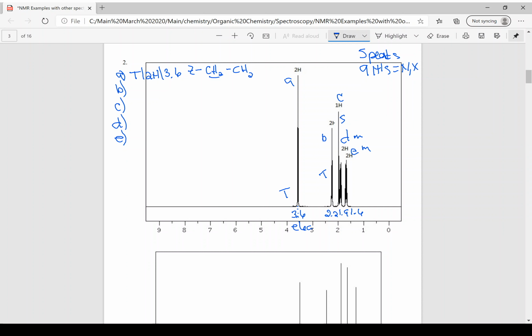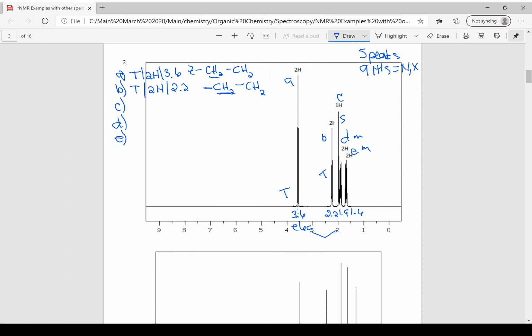All right, what about B? B is a triplet also, and it is also integrating for 2 hydrogens, and it is at about 2.2. Again, I have a CH2 because that's my integration, and it needs to be next to a CH2 to get the triplet, but then I need to be close to something that pulls it into the 2.2 world.